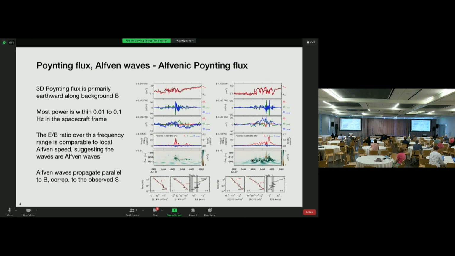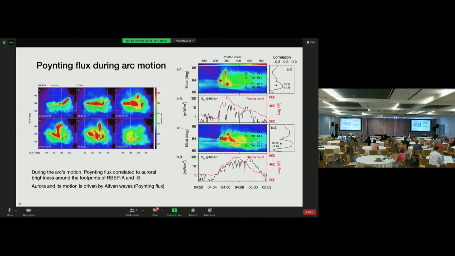So then we look at the azimuthal motion of the auroral arc and correlate it to the Poynting flux. Again, we see a westward development of an arc. Then the arc expands poleward and also equatorward, and the two crosses are the foot points of the spacecraft.